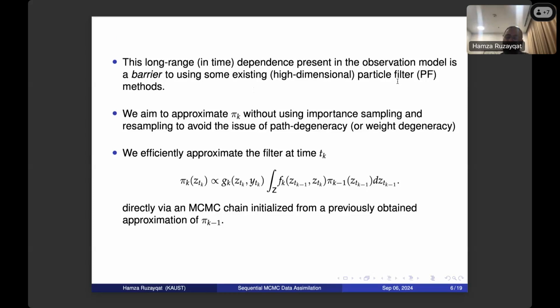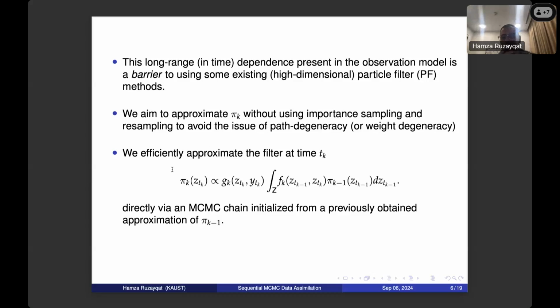The issue with the particle filter, and I mean the variants of the particle filter, like the ones that use tempering or nudging or whatever, is that they suffer from path degeneracy or weight degeneracy because of the resampling steps. You need to do a lot of tempering for this model, so to avoid that, we aim to use different methods where we don't have any weights, and so we don't have this issue of weight degeneracy.